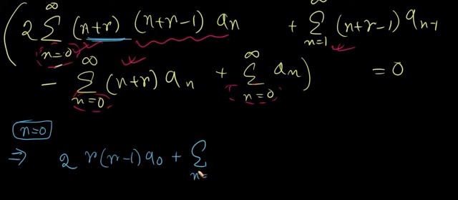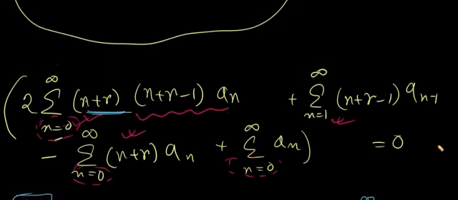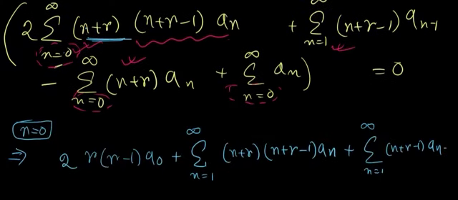So I have evaluated it for n equals 0, so now it will start from n equals 1 to infinity, and the rest is just the same, right? Okay, and the second term obviously starts from n equals 1, so there is nothing to do about it. So leave it as it is, n plus r minus 1 a of n, right? Sorry, a of n minus 1.